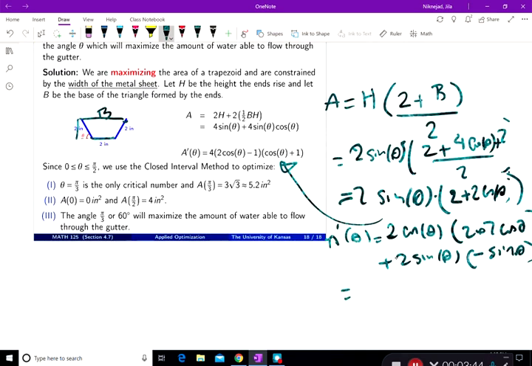Multiplying it through and factoring it out gives me 4 cosine theta plus 4 cosine squared theta plus 4 cosine squared theta minus 4 sine squared theta.